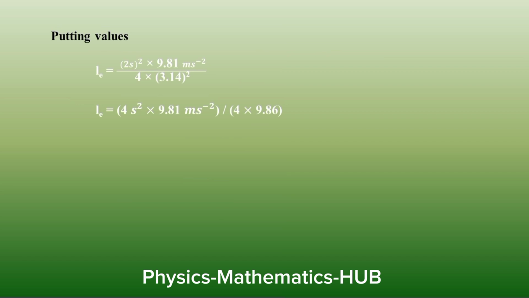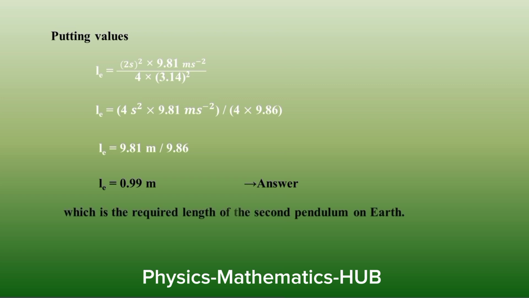Applying square on time period, we get 4 s square multiplied by 9.8 meter per second square divided by 4 into 9.86, cancelling 4 with 4, and s square with s to the power minus 2, we get 9.81 meter divided by 9.8. Finally, length of the pendulum on earth is equal to 0.99 meter, which is the required length of the second pendulum on earth.